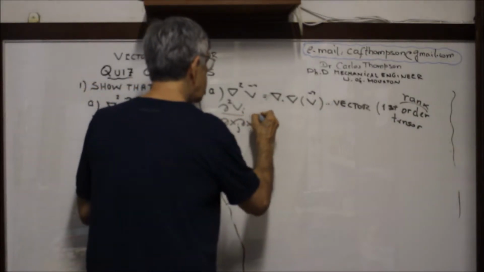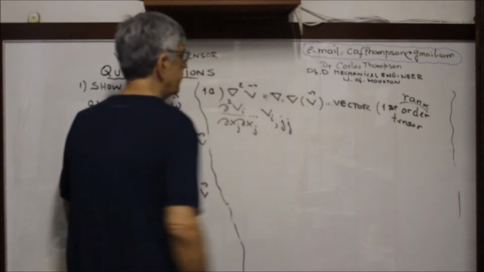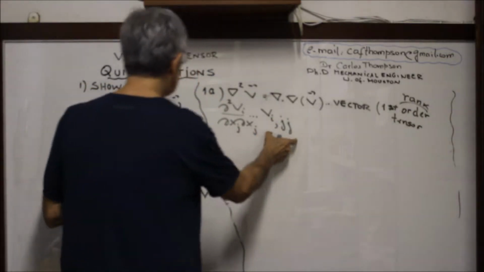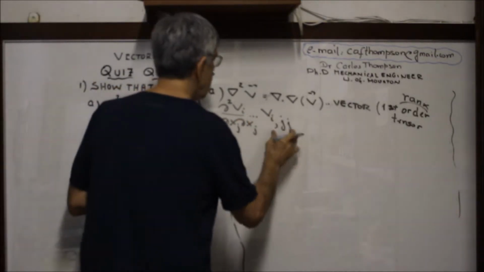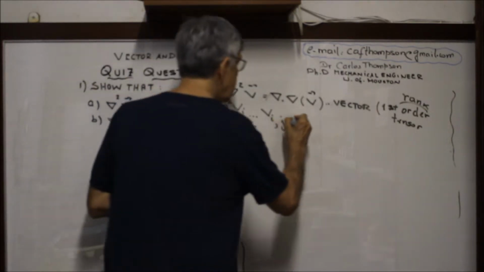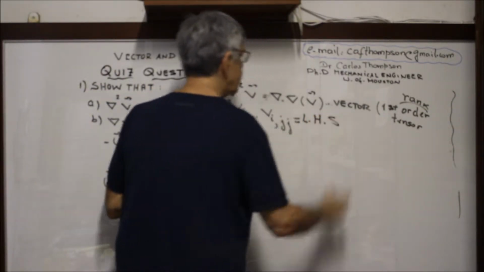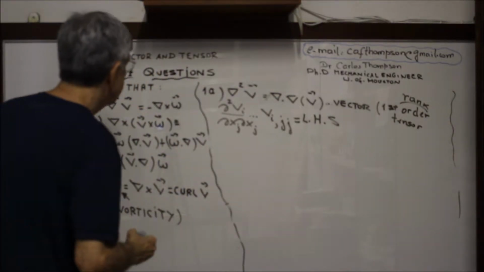Then I can write Vi, comma, jj. I want to prove that this is equal to the right-hand side. This is the left-hand side.